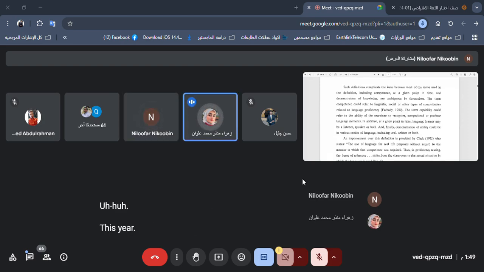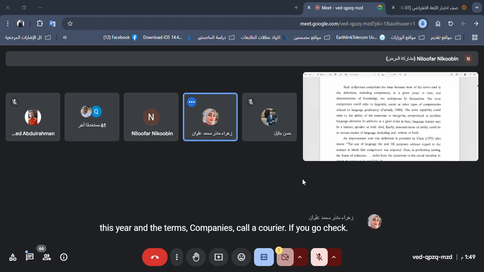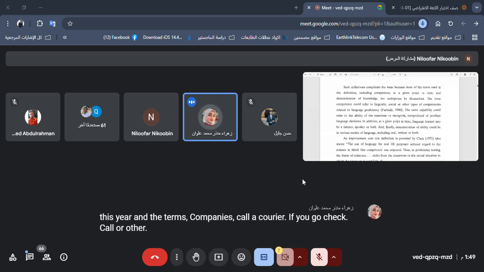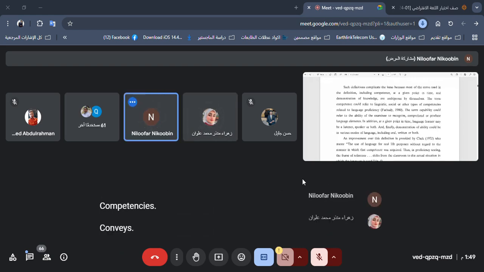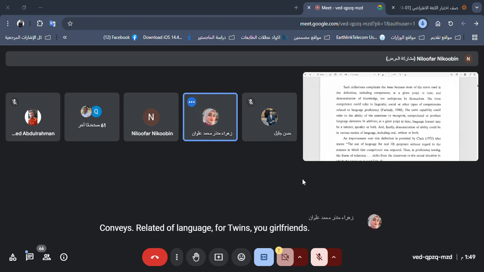The term competence could refer to linguistic skill or other types of combined competencies related to language proficiency.